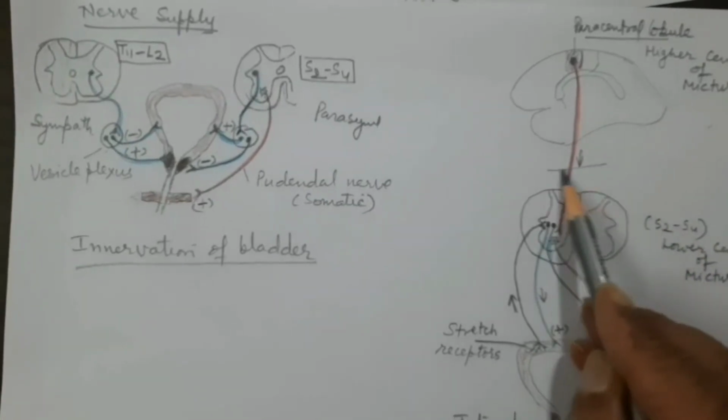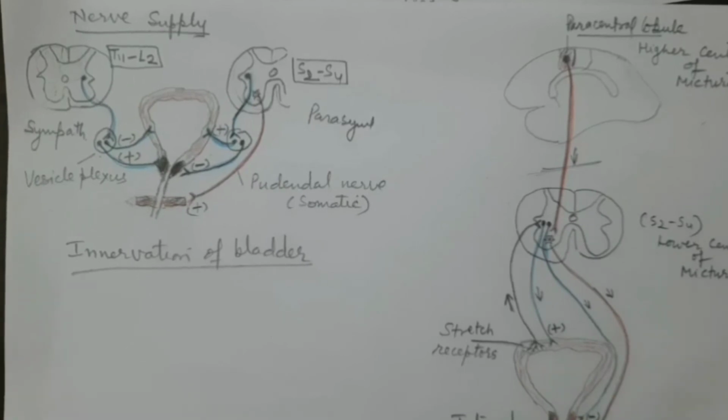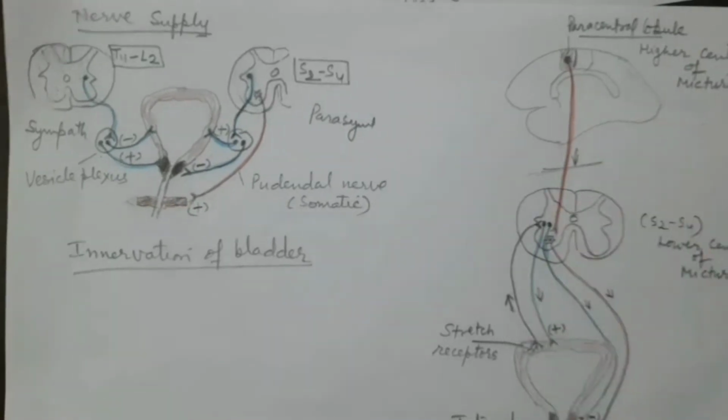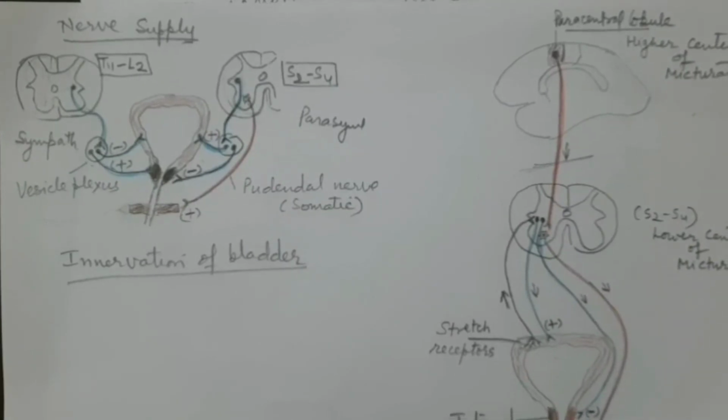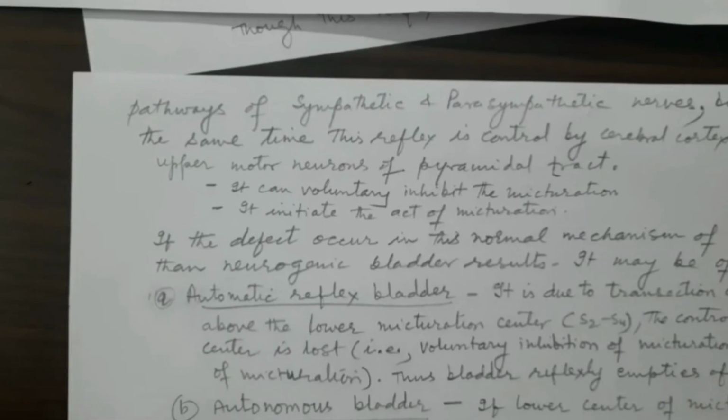And if this control is cut somewhere, that means if there is an injury to the spinal cord, a transection of the spinal cord above the level of S2 to S4, above the lower center, in the upper lumbar or thoracic region, then what was the control exerted by the upper motor neuron through the pyramidal tract? It can voluntarily inhibit micturition. Till you want, you cannot pass the urine.